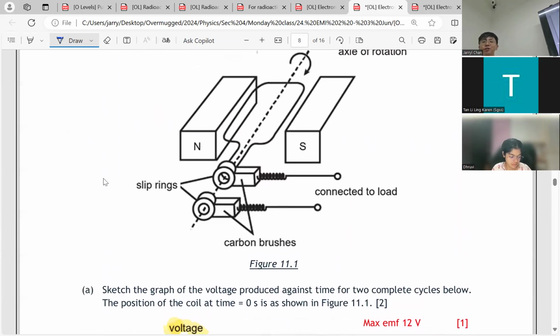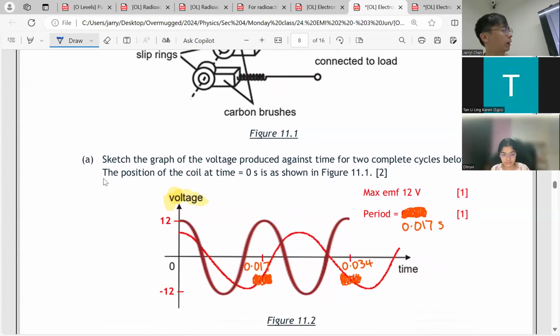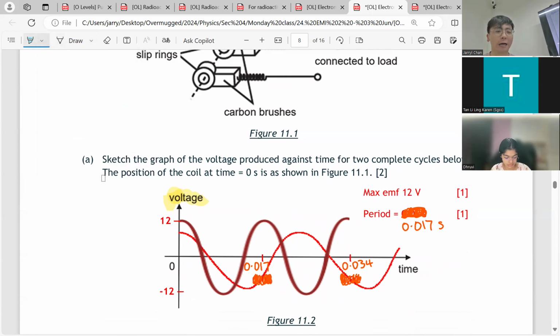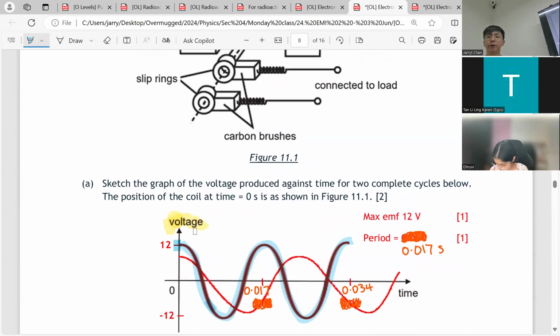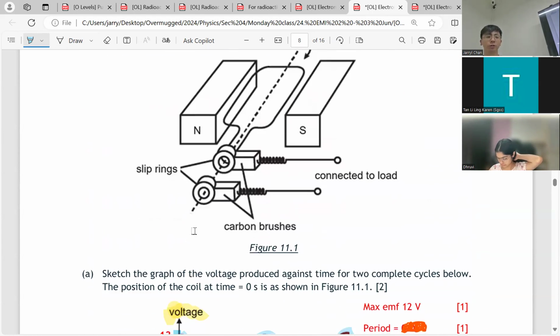Sketch the graph of the voltage produced for the two cycles. Let's start with the brown color line first. Let me highlight to be a bit clearer. The blue color highlight line should be your answer here. Okay, two things to take note of. Max EMF 12 volts given by the question. 12 volts peak voltage.